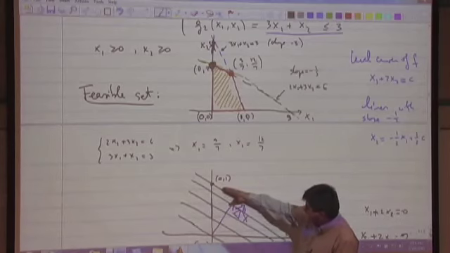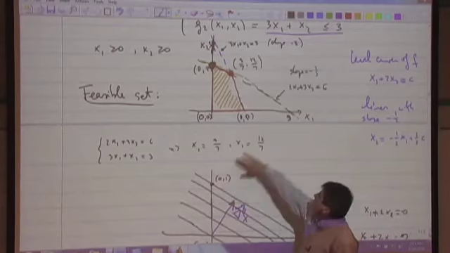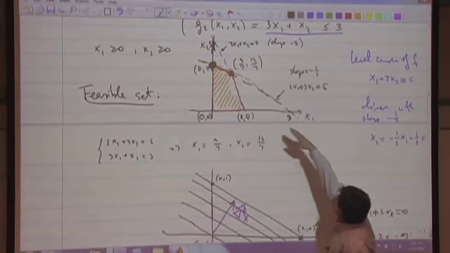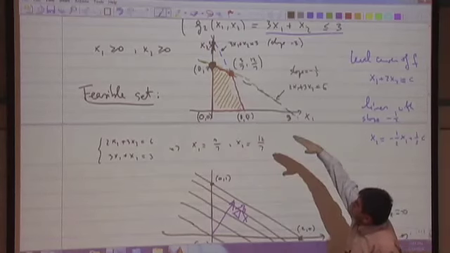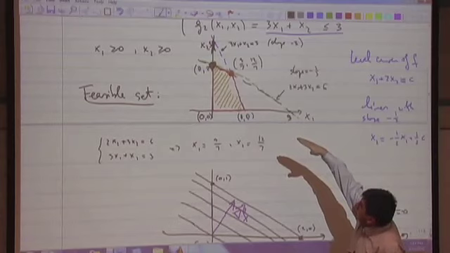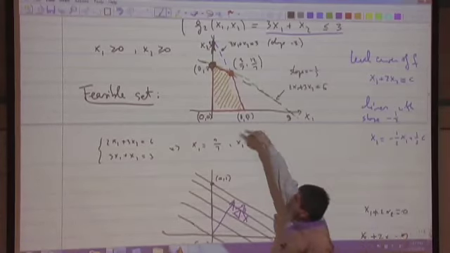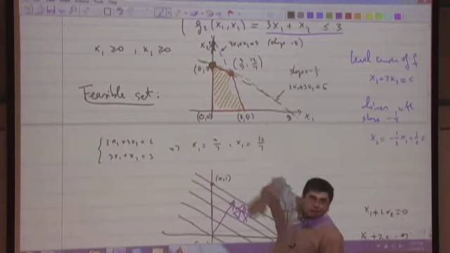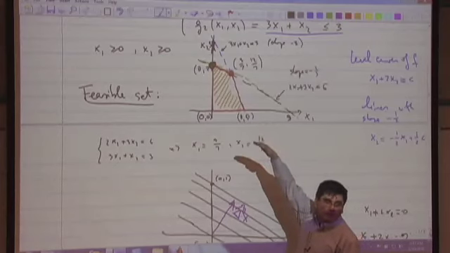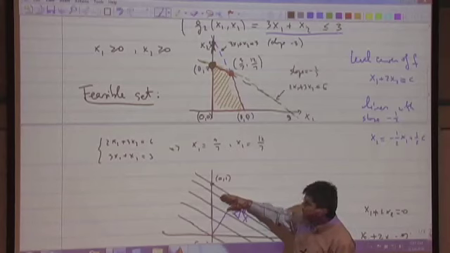So this has a slope of negative 1/2, right? And that has a slope of negative 2/3, right? So it will intersect, and the question is when does it intersect this feasible set and achieve its maximum value, right?